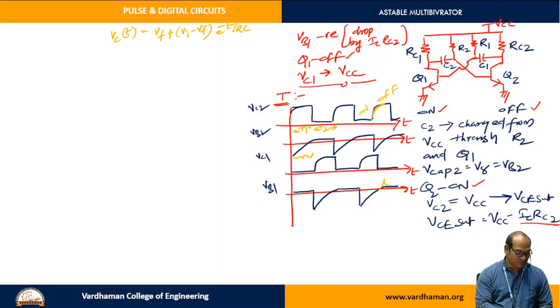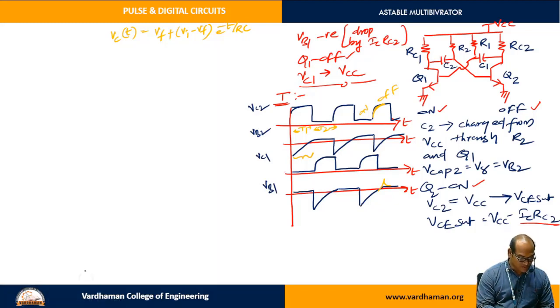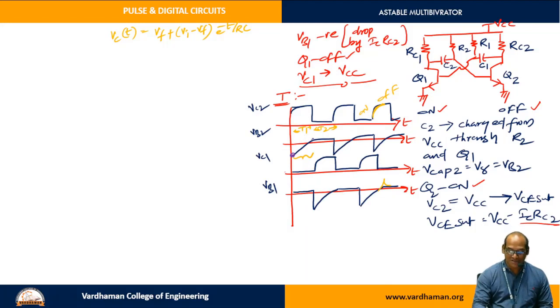So to get T1, first what we need to do? Its initial value is this one, its final value is this one. So it can charge up to which value?